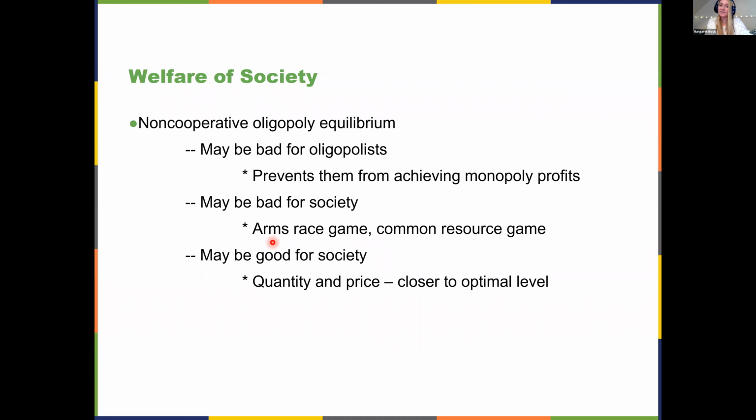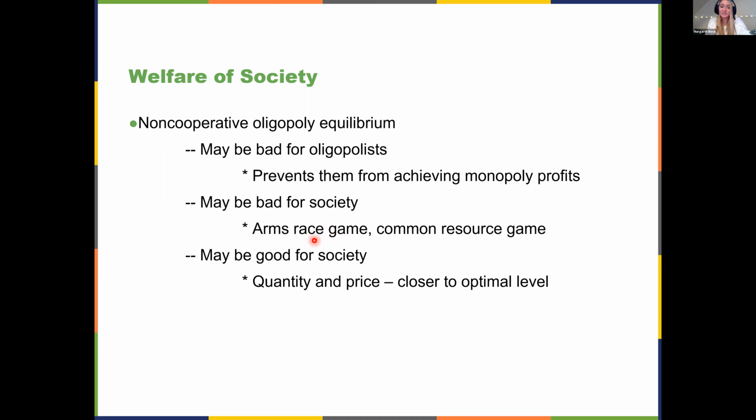But with things like the arms race game and the common resource game that I mentioned in the previous slides, if there are cheating oligopolists producing weapons, that means there's going to be a huge influx in weapons production. This could potentially be detrimental to society.